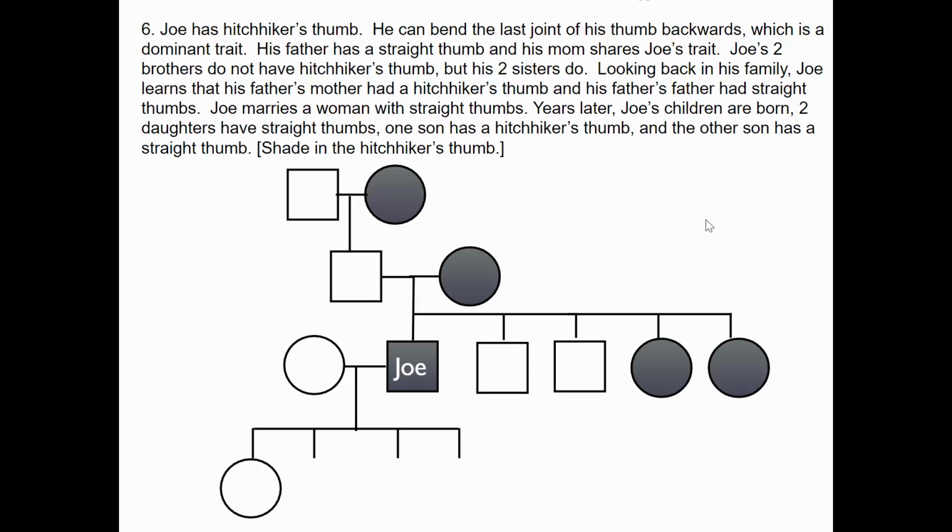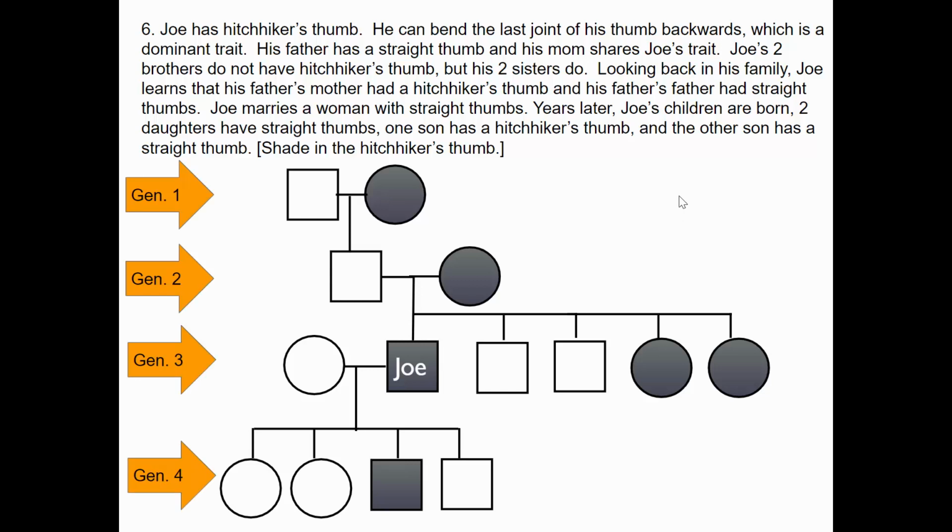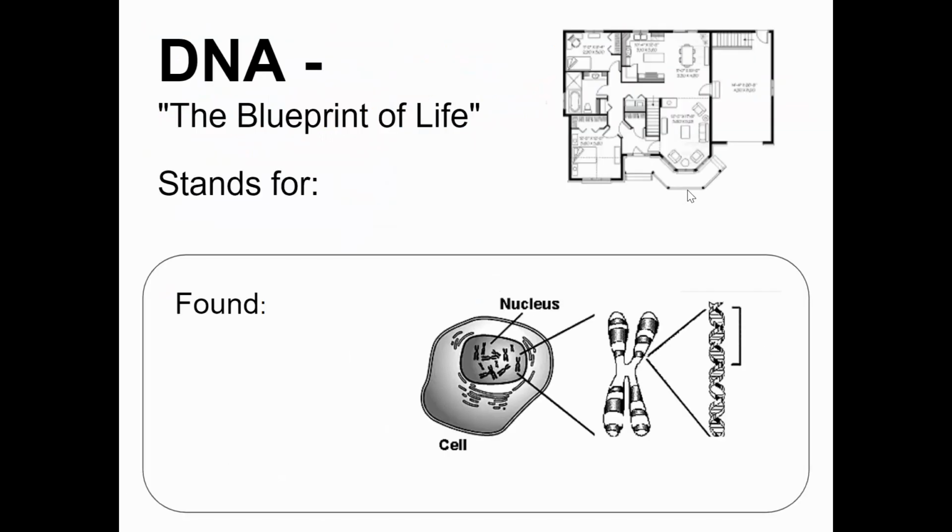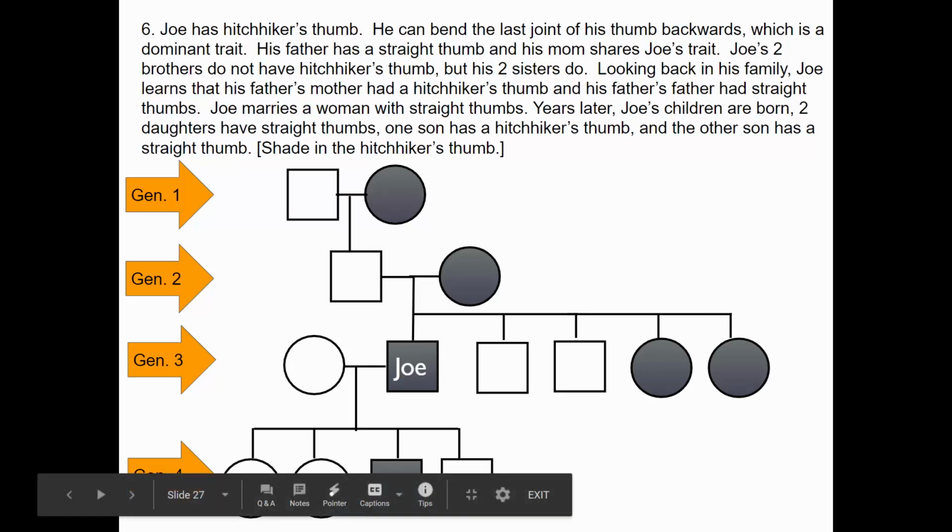No, because you don't know anything about them, so you can't. You don't know if they're shaded or unshaded. Good. That's everybody, isn't it? This is a 4-generation pedigree.